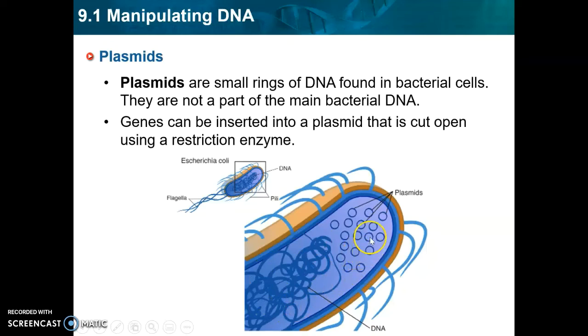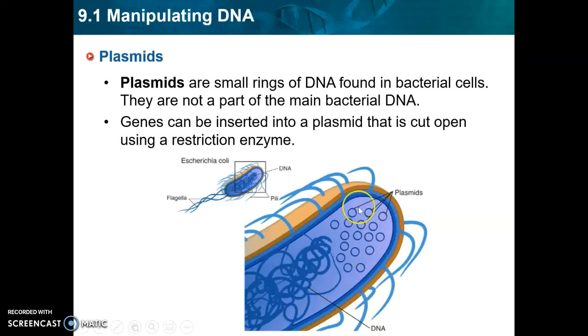These little tiny circles here are called plasmids, and they exist for the purpose of having just little special genes, like maybe a gene for antibiotic resistance. They're not necessary for the bacteria to survive and to do its normal thing, but sometimes they can give the bacteria an advantage if they have a certain mutation that allows it to survive some kind of environmental condition.